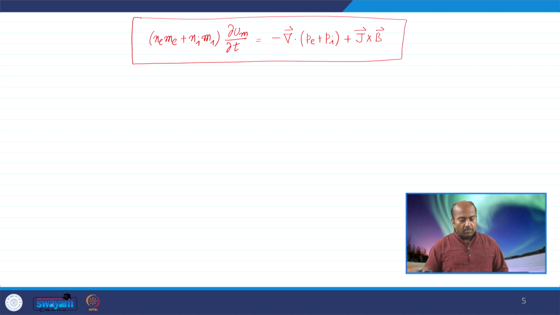Okay, so this is the idealized MHD equation for a single fluid plasma or the equation of motion.